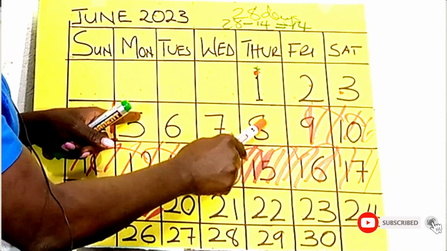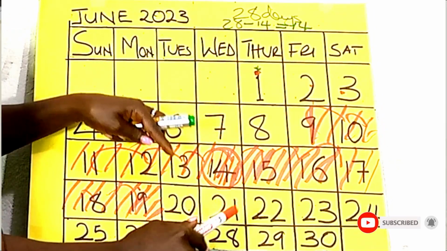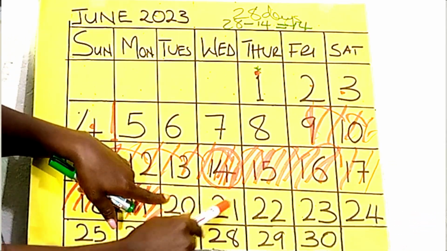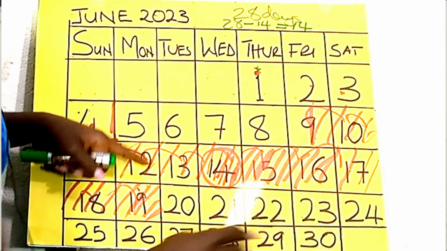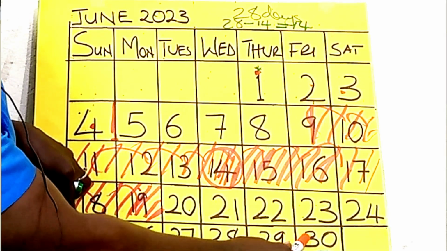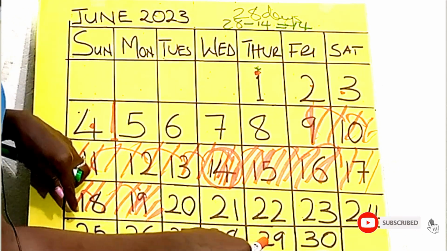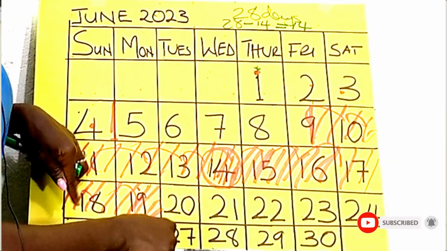These are her safe days. And then the days after ovulation, from the 20th, 21st, 22nd, 23rd, 24th, up to the last day before she starts her next period, are also her safe days.